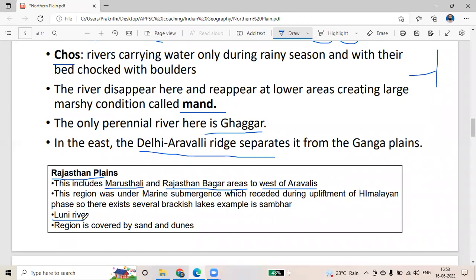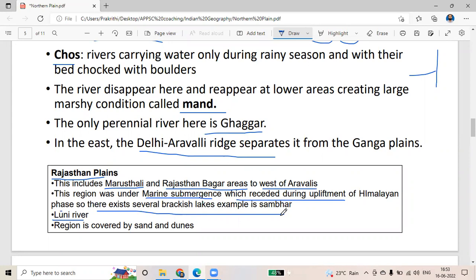And here is one more peculiarity: this region was under marine submergence which receded during the upliftment of the Himalayan phase. So there exist several brackish lakes in this region. Sambar lake is actually a salty lake. Where is this lake from?